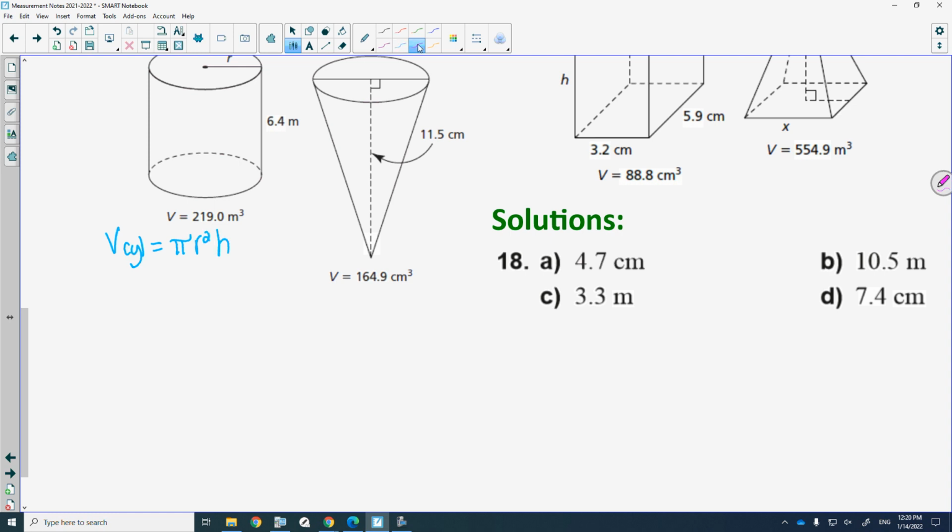And then they give you the volume and they give you the height. So we substitute in what's given to us. So 219.0 is the volume. That's equal to pi r squared, and the height would be h.